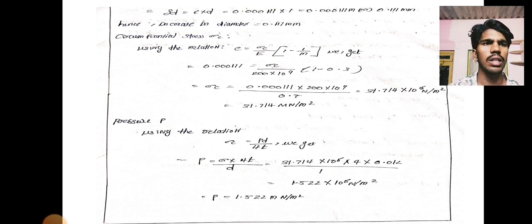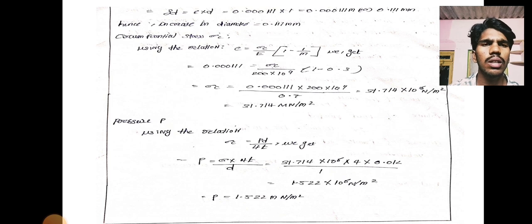Next they are asking to find the pressure, since additional fluid was added in the problem. We have the relation sigma C equals PD by 4t. By using this equation we can get the pressure value.